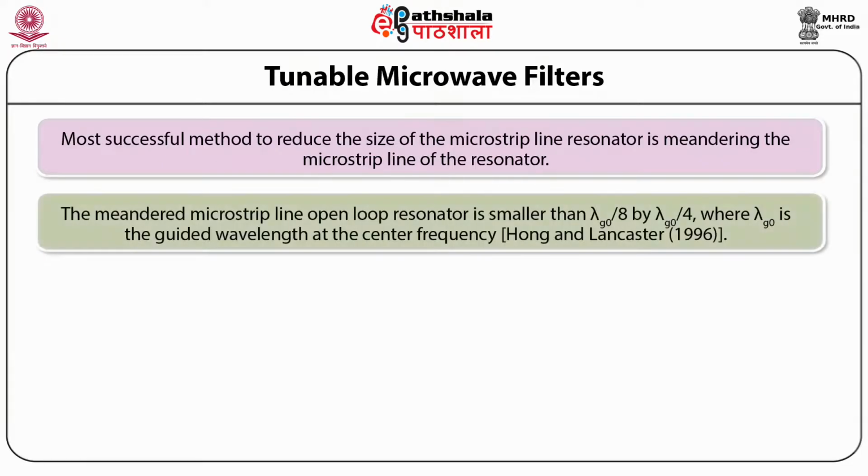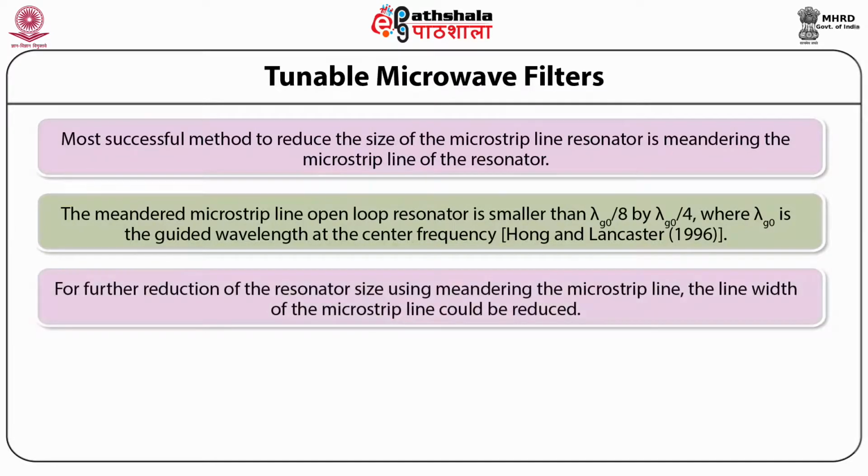The meandered microstrip line open loop resonator is smaller than lambda by 8 or lambda by 4, where lambda is the guided wavelength at the center frequency.